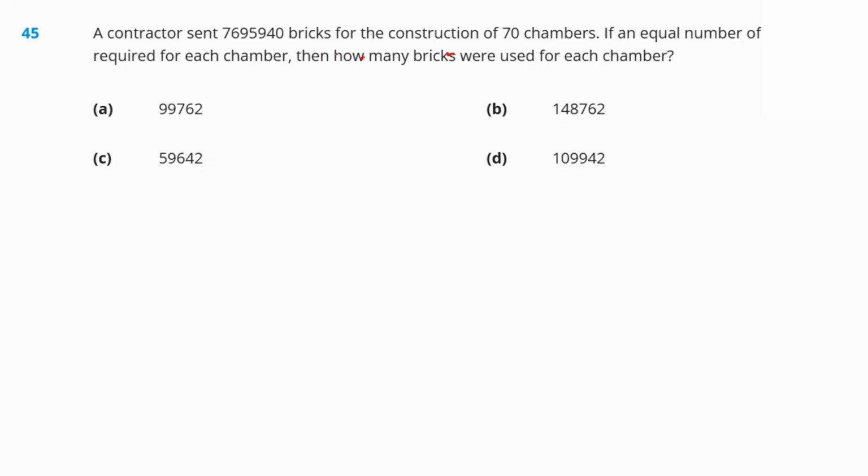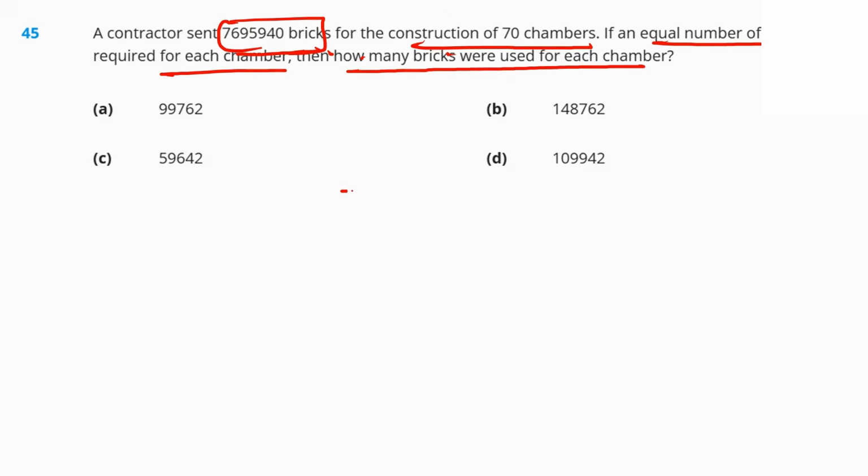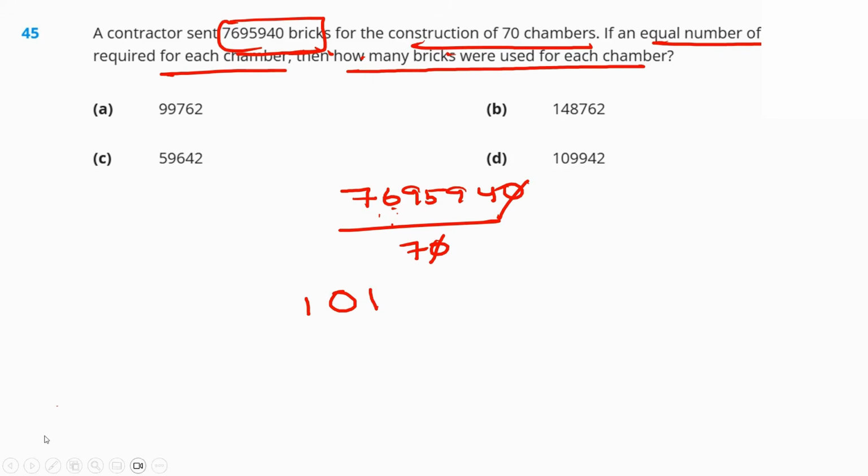Next question. A contractor sent these many bricks for the construction of 70 chambers. If an equal number of bricks were required for each chamber, then how many bricks were used for each chamber? We need to divide 7695940 by 70. We can simply cross out the zeros. That becomes easy. 7 ones are 7. 6 cannot be divided, so 0. After that it becomes 69. 7 9 times is 63.